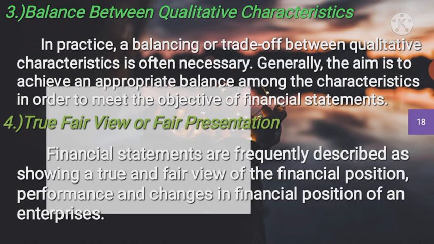Misstatements may result from material errors or omissions of transactions and balances in the financial statements. Fair implies that the financial statements present the information faithfully without any element of bias, and they reflect the economic substance of transactions rather than just their legal form.